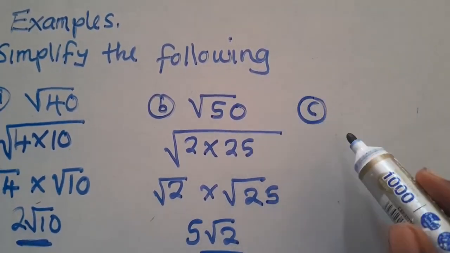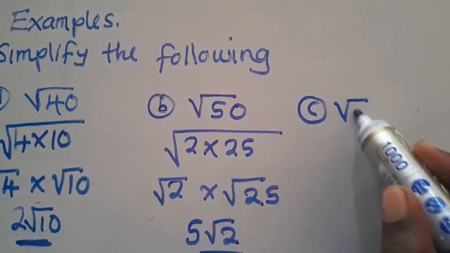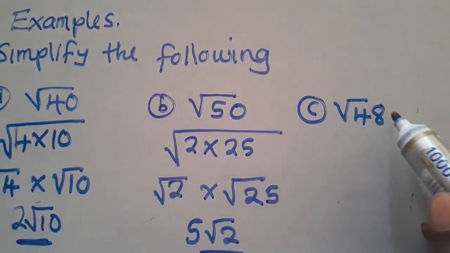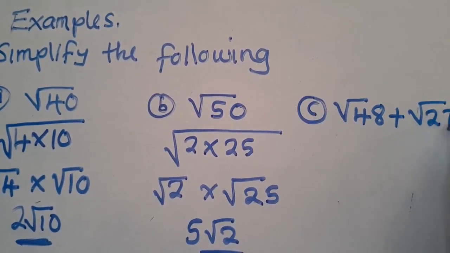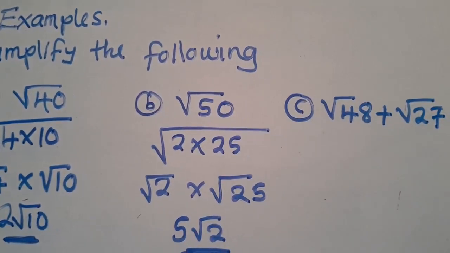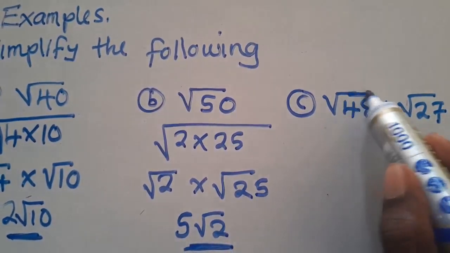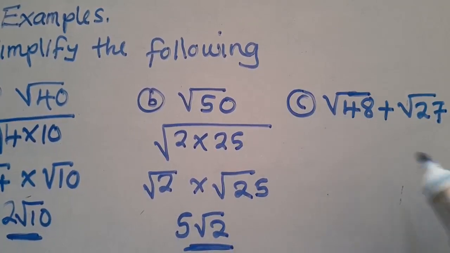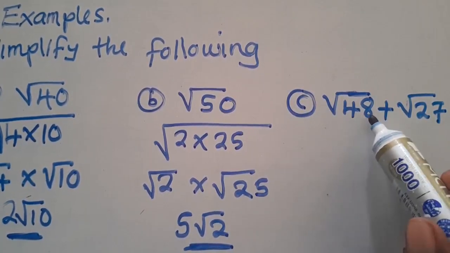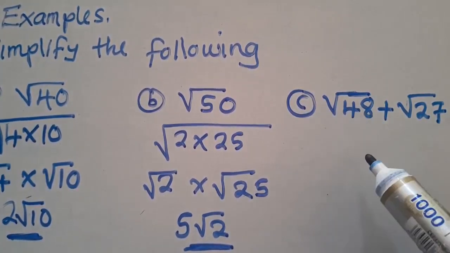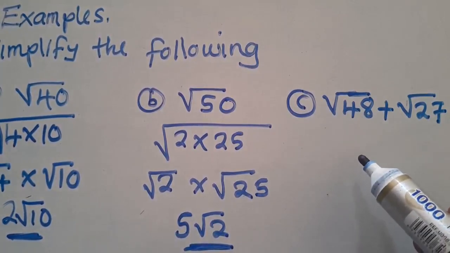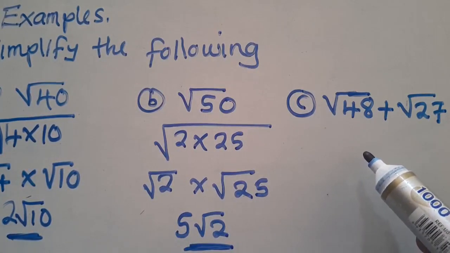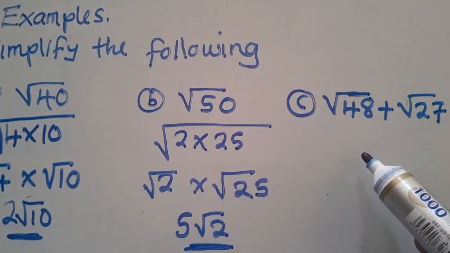What if you've got something like, let's say, root 48 plus root 27, something like that. How can you work out that part? So you start with this. Which two numbers can you multiply to get 48? And on those two numbers you've chosen, you need to make sure that there is one that you can find the root of.